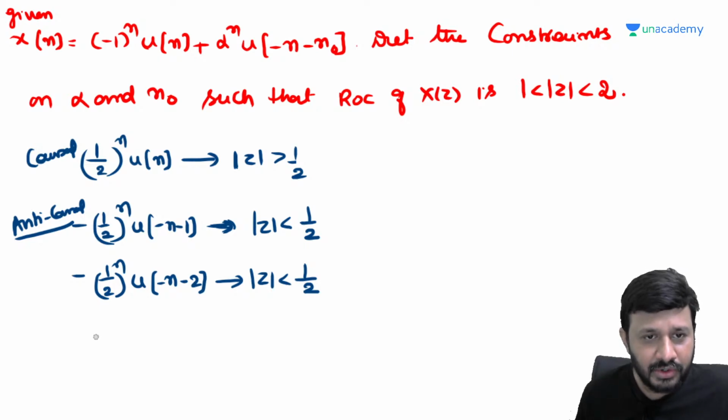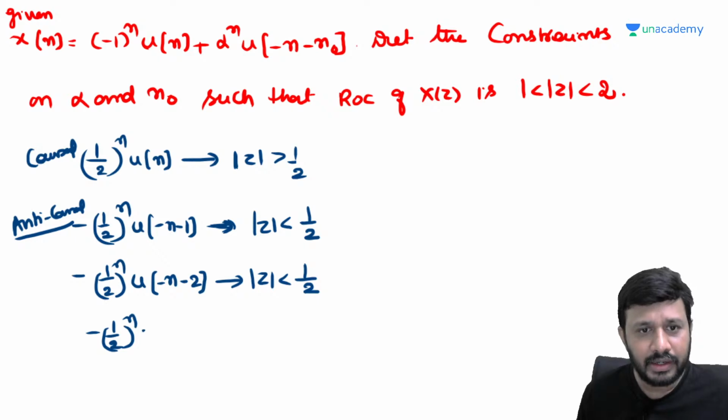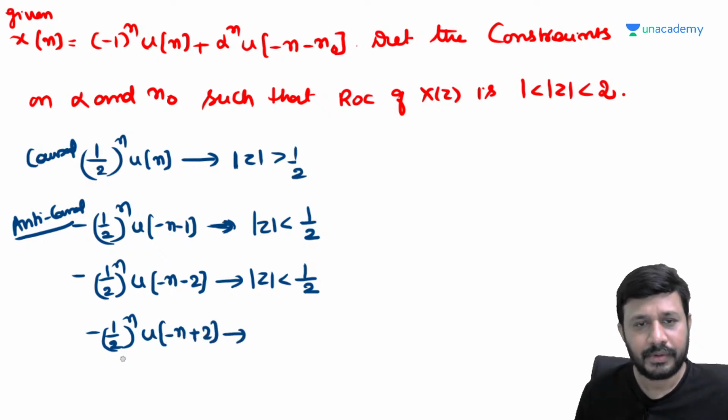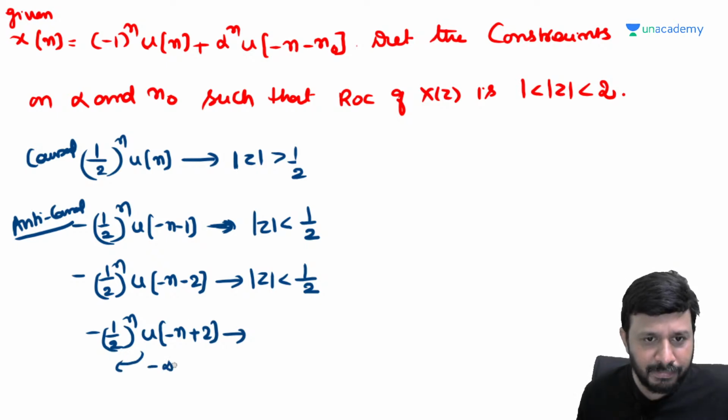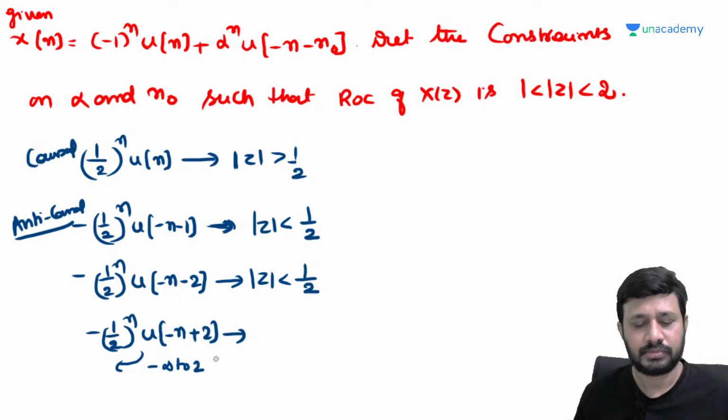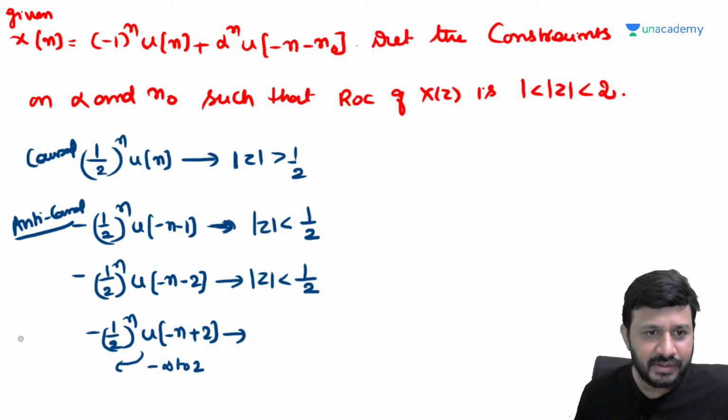Suppose I ask you what is the ROC for minus (1/2)^n u[-n+2]? First of all, what is the nature of this signal? u[-n+2] means this exists from minus infinity to 2. This is a non-causal plus left-sided signal.